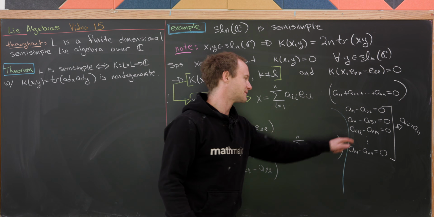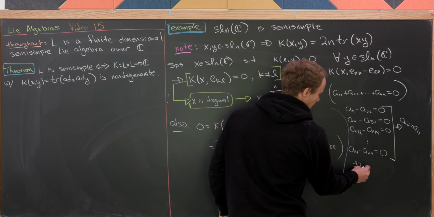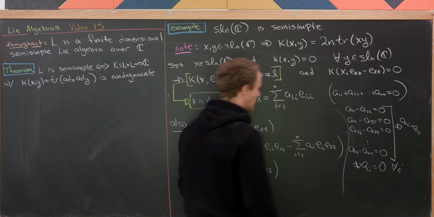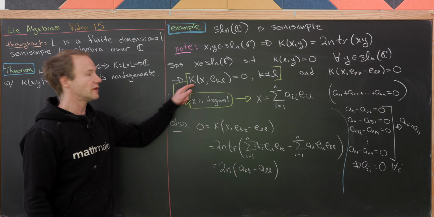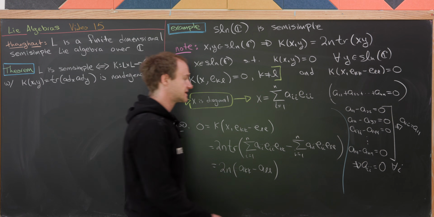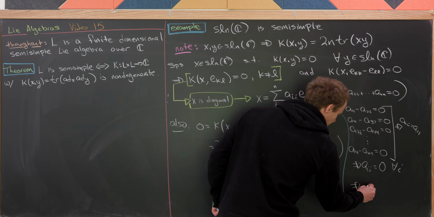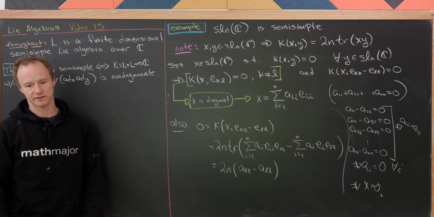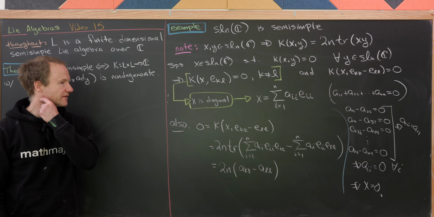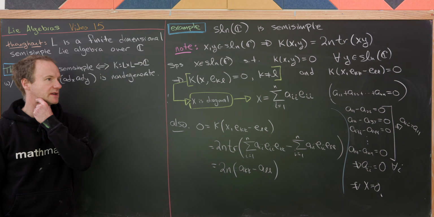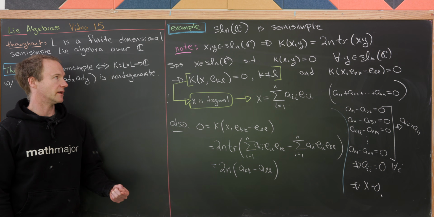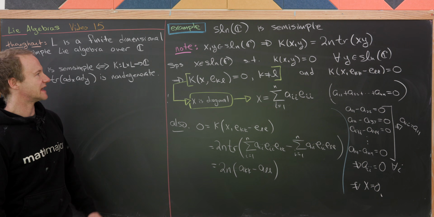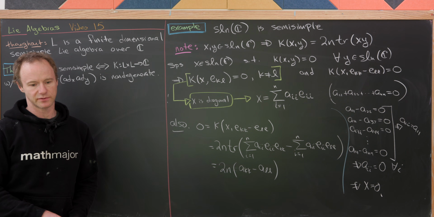And that collapses all of these to be equal to 0. So in other words, a_ii is equal to 0 for all i. But that means all of the entries of X are equal to 0, the diagonal and the non-diagonal entries. That means that X is equal to 0. But that's exactly what we needed for this Killing form to be non-degenerate. But again, by our theorem from last time, that means that sl_n is semi-simple.